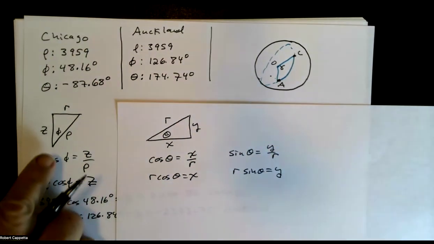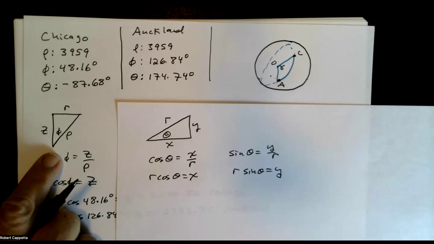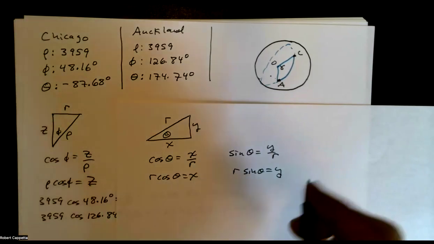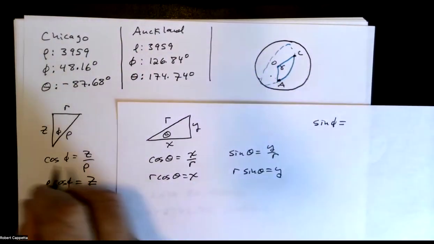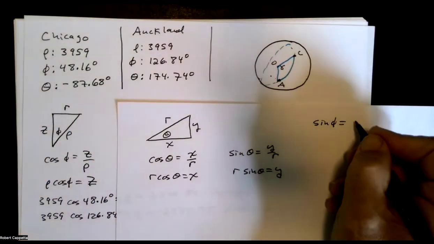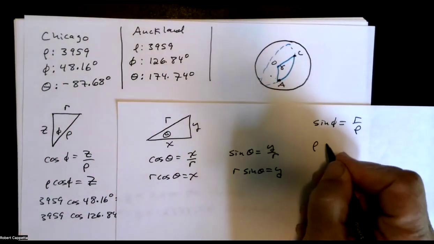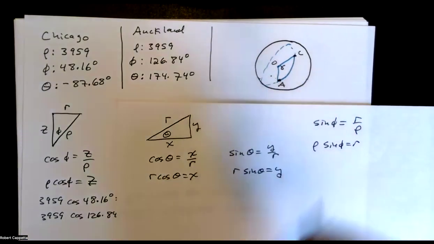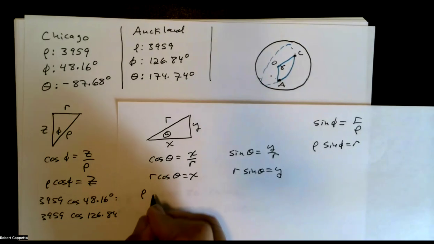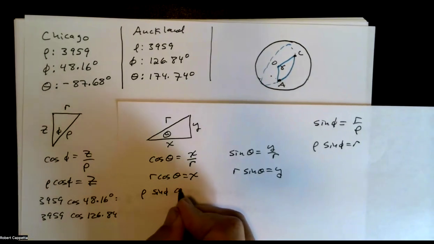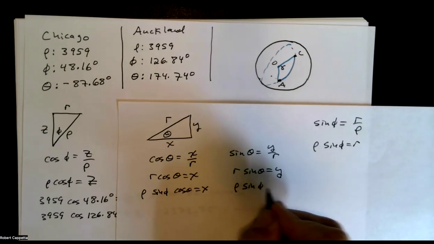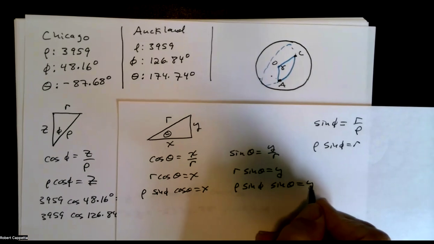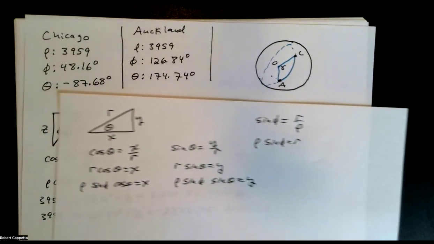And what is R? Again, going back to this triangle, we see sine of phi, opposite over adjacent. Looking at that triangle, we see sine of phi is R over rho. So rho sine phi is R. So if that's the case, then we get rho sine phi cos theta is X. And rho sine phi sine theta is Y. And we have our values up here.